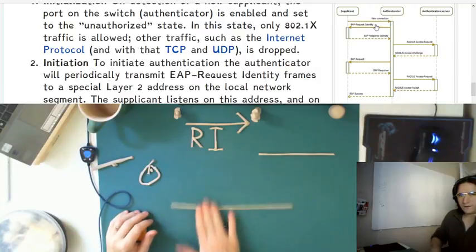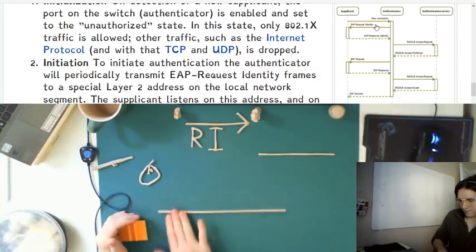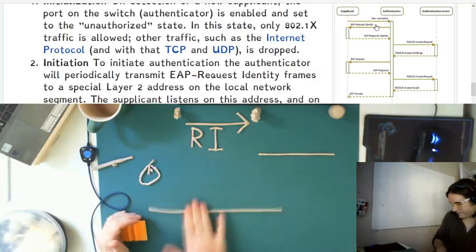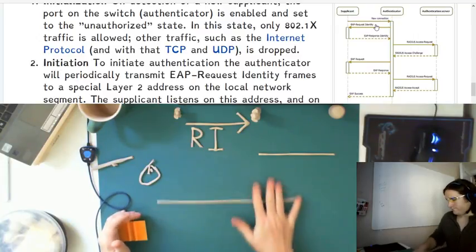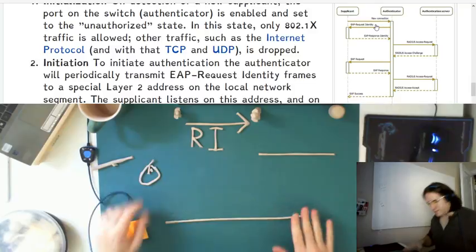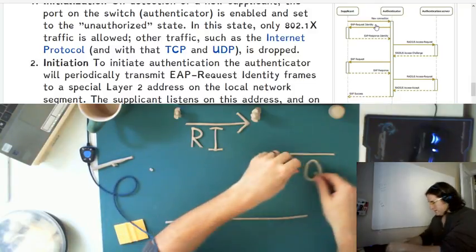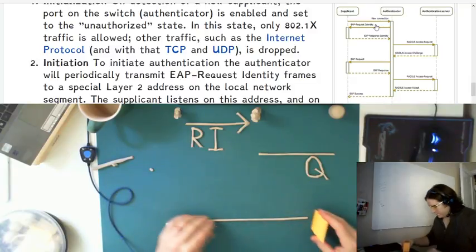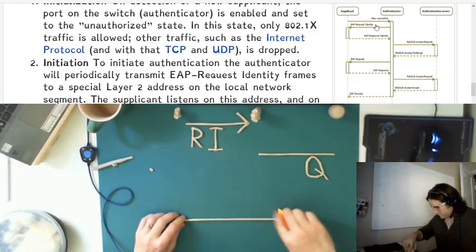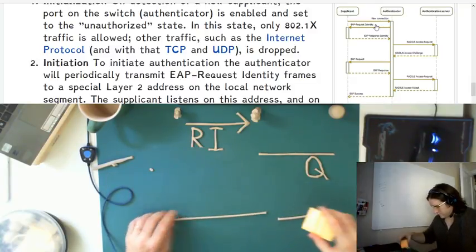So the authenticator gets the RI, then sends an RQ. Is that right?